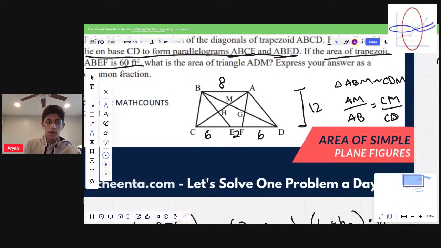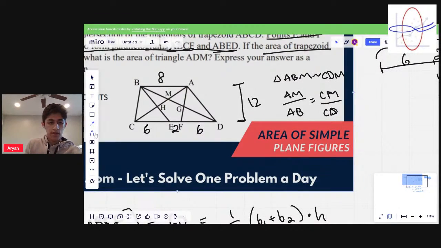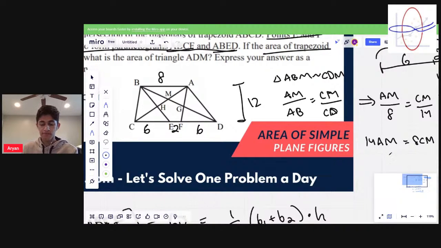I know AB and CD: AM over 8 equals CM over 14, because AB is 8 and CD is 14. So 14 AM equals 8 CM, and I could divide by 2: 7 AM equals 4 CM. So the ratio of AM to CM is 4 to 7.